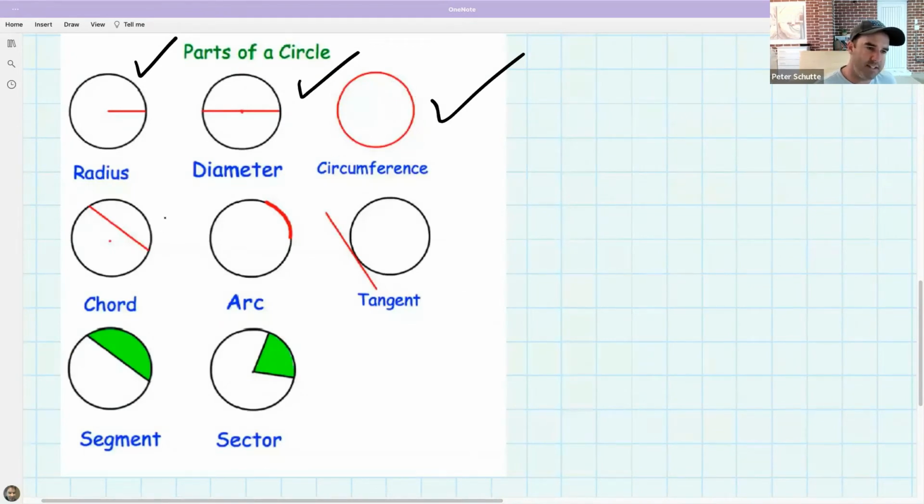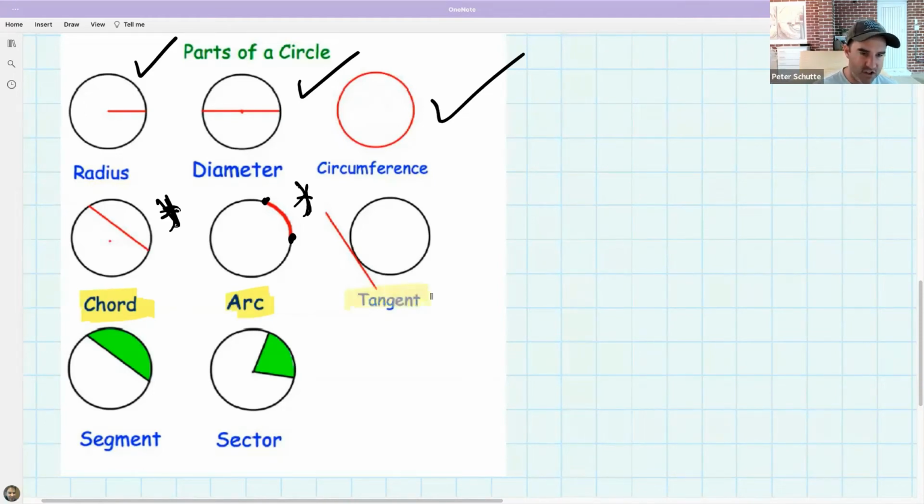But the chord is definitely new to a lot of you. I want you to take a moment and think, what makes a chord a chord? An arc is simply a part of the circumference, but you'll notice that the arc has one point on the circumference and another point, and it goes along the curved part. So these are new words to a lot of you.